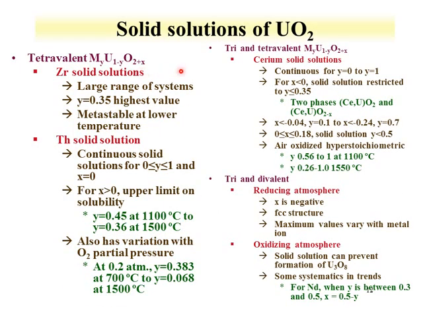Here's an example of compounds that make solid solutions with UO2. Zirconium, for instance, makes a solid solution up to a certain level of zirconium, after which, when more zirconium is added, it forms a separate phase. This is due to the fact that zirconium has a much smaller ionic radius, so when you start adding enough in, it no longer fits comfortably into the uranium dioxide lattice and forms its own phase.